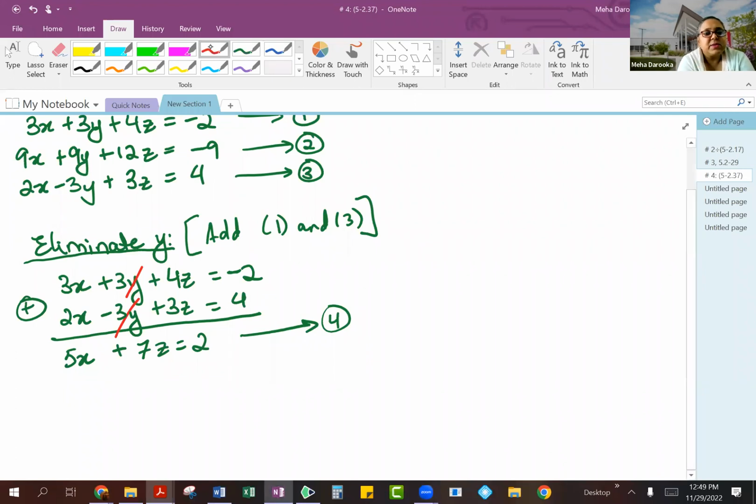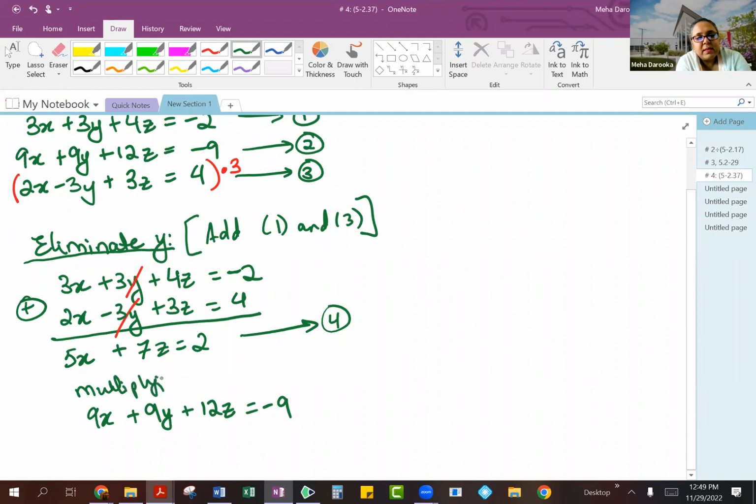Yeah, Della, very nice. So we will take our third equation and multiply it by 3. Equation 2 will stay the same, so that's 9x + 9y + 12z = -9. You are multiplying equation 3 by 3, and then you're adding it to equation 2.